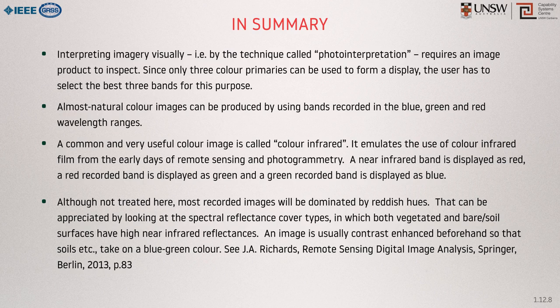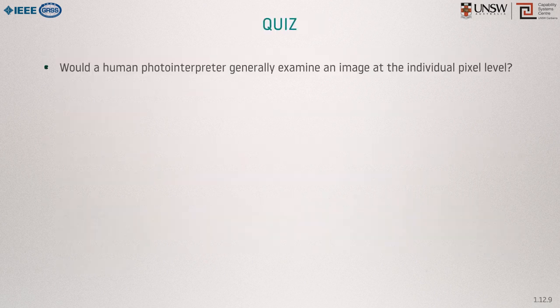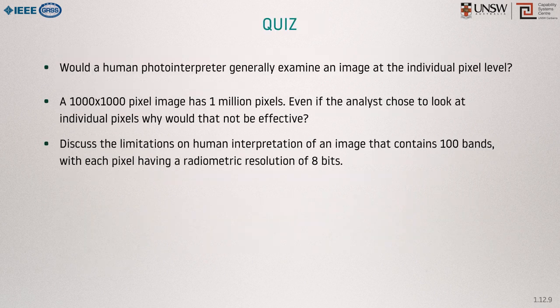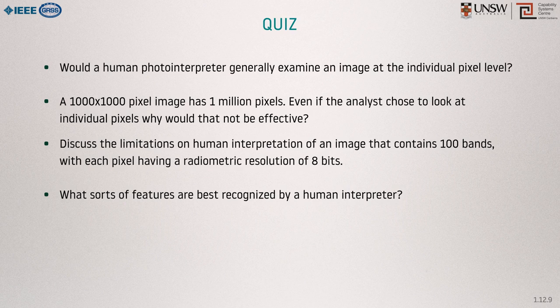In some ways, this places more dependence on the analyst's knowledge of the spectral characteristics of the scene properties of interest. These quiz questions are important in terms of drawing your attention to the limitations of a human analyst, limitations which we expect will not be a problem when using a machine to assist with the interpretation.